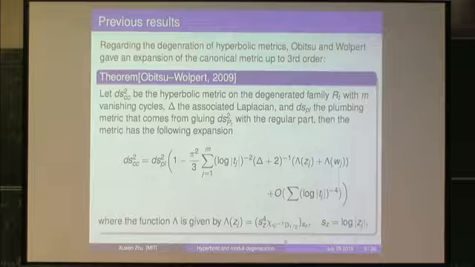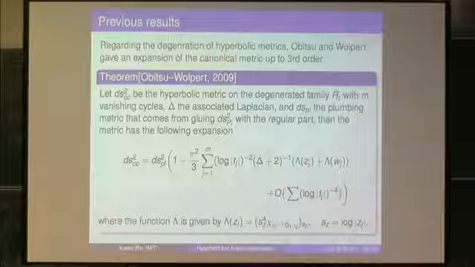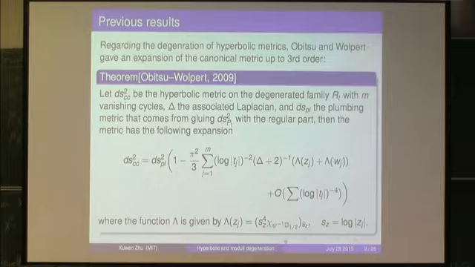Here is a previous result by Albin, Rochon and Sher. What they show is they use a metric called the plumbing metric, which I'm going to talk about later. And they show that the constant scalar curvature metric has a conformal factor with this plumbing metric, and they computed the conformal factor up to the third term.